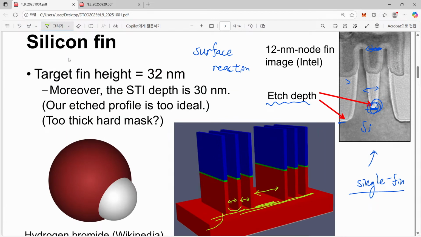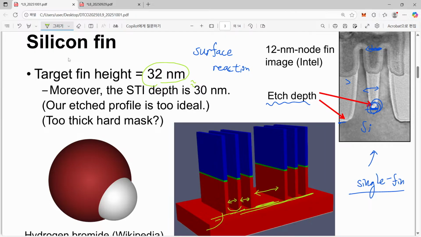Well, anyway, maybe you remember the numbers. The target fin height is 32 nanometer, and the STI depth is very much comparable to the fin height.